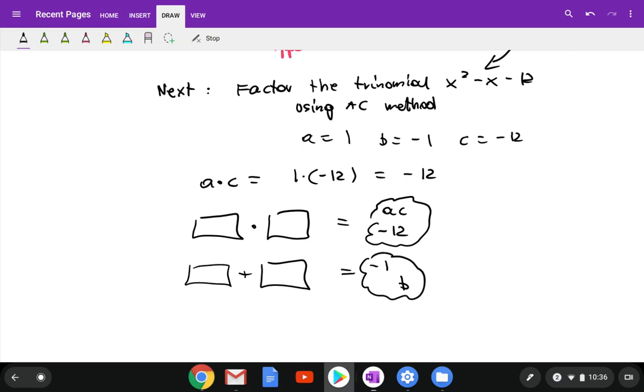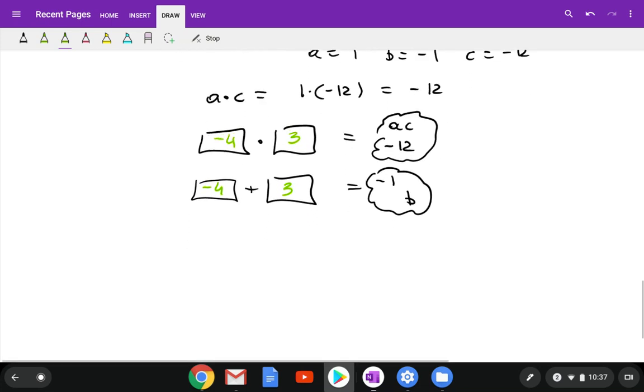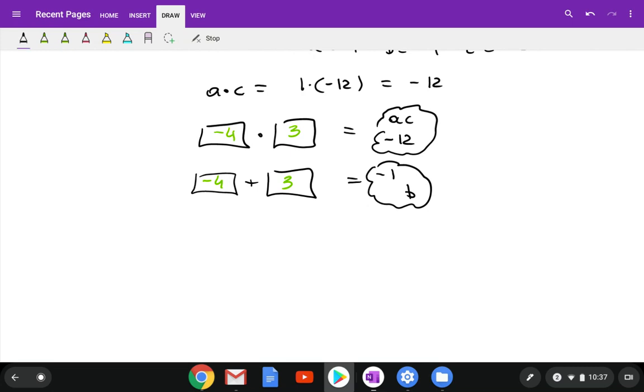Okay, so again, just play the game and figure out what's going to work here. -4 and 3 will work. -4 times 3 is -12, -4 plus 3 is equal to -1.